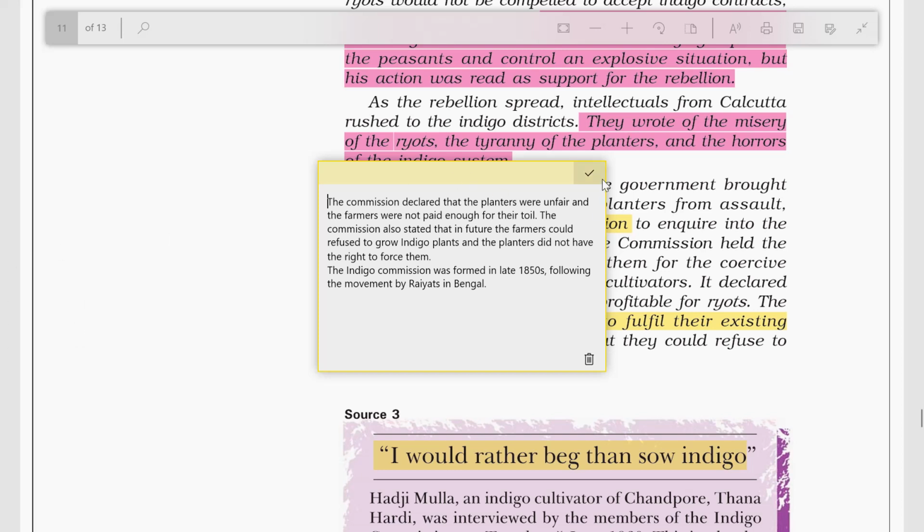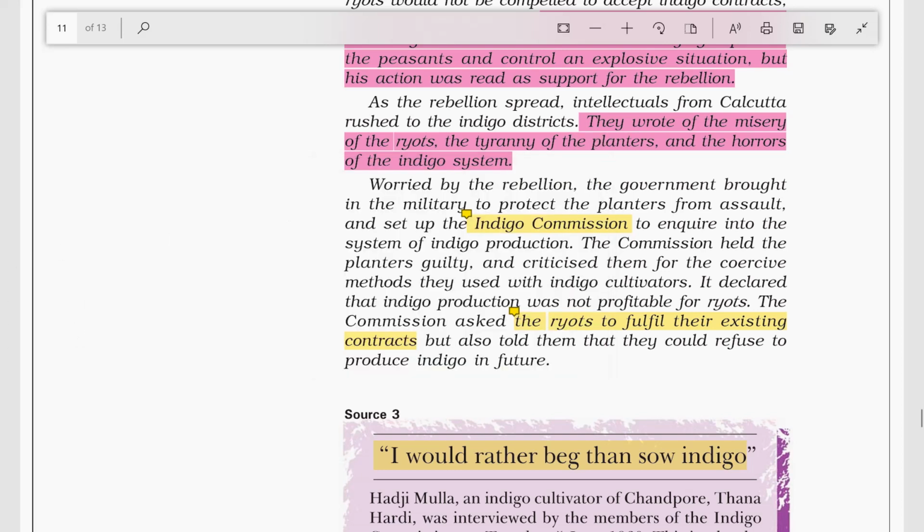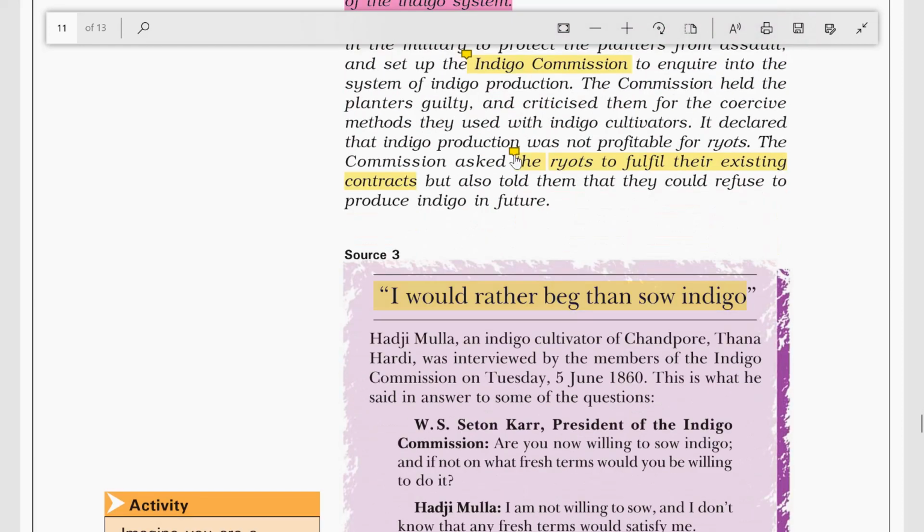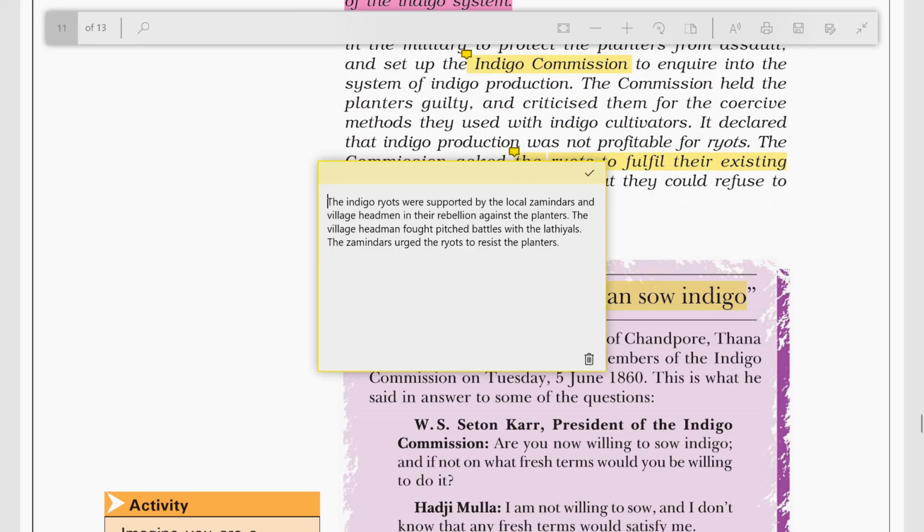The Indigo Commission was formed in the 1850s, and it was supporting the indigo planters or ryots in Bengal. It was trying to find out the problems of the indigo planters. Here we can see that the indigo riots were supported by the local zamindars, because the local zamindars knew the condition of their fields.